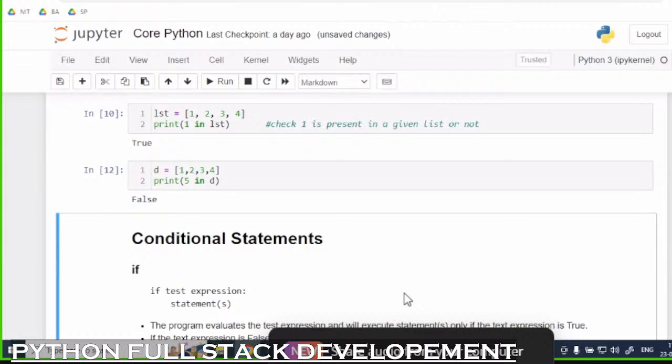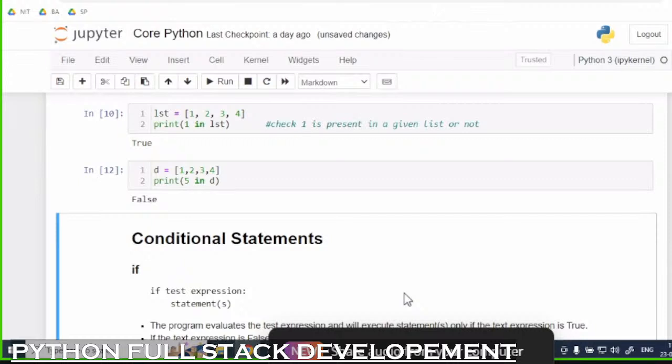So we have seen the first one is arithmetic operators. The second one is comparison operators. The third one is logical operators, that is either true or false. With respect to logical operators, and, or, and along with that not also.